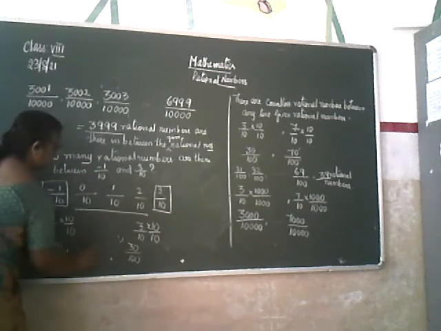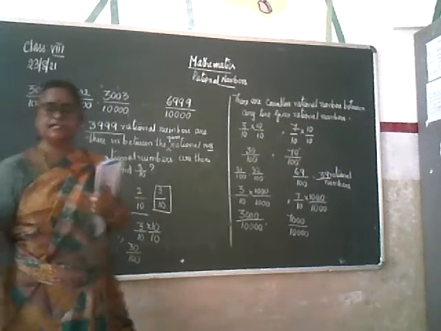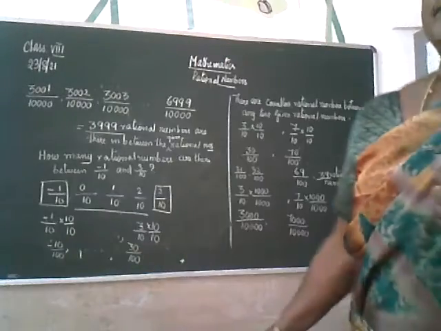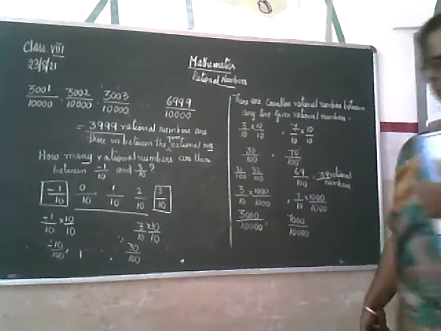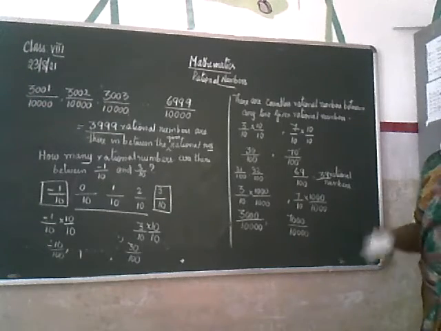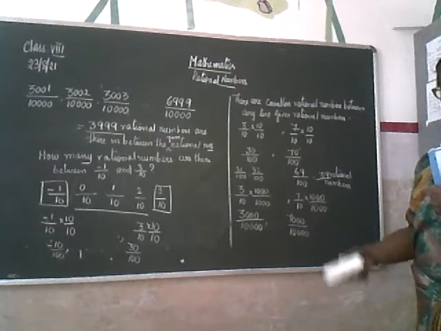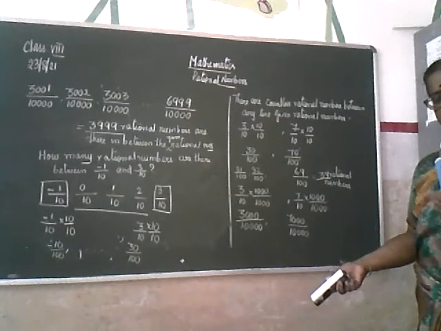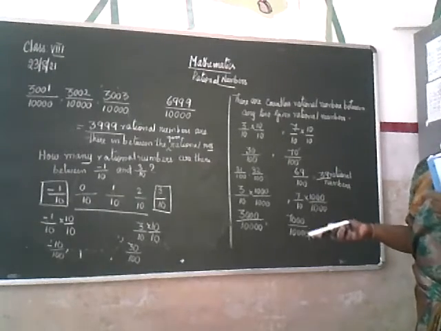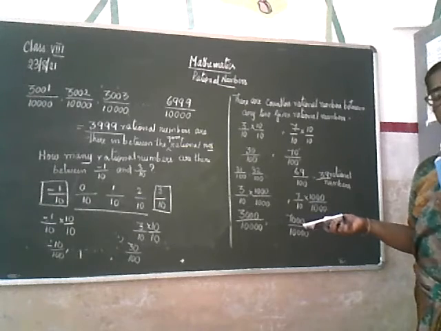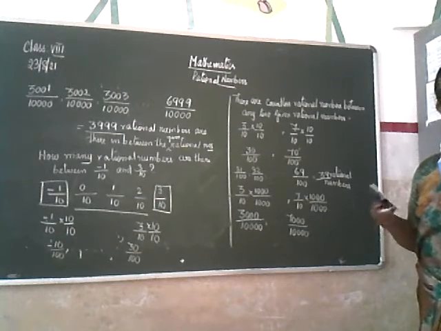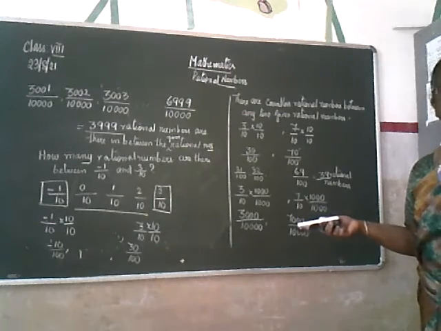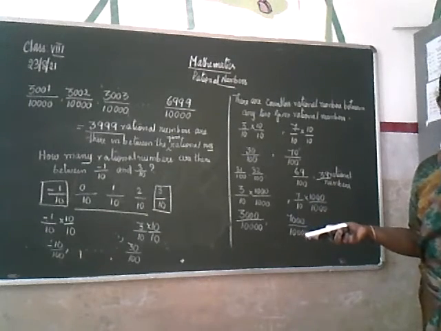So in between I can write, which are the things I can write, you tell me? 0 by 100, 1 by 100, 2 by 100, 3 by 100 up to 29 by 100. Isn't it? So again I will get 29 plus 0, I will get 30. So there are 30 rational numbers between these two if I write.